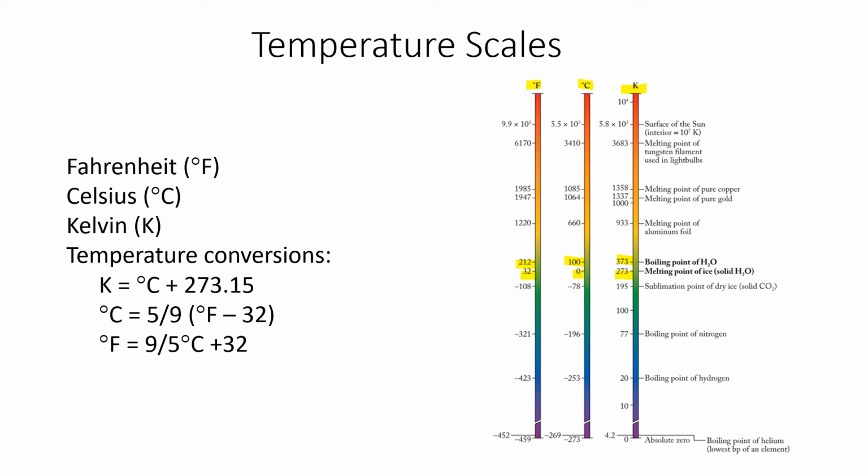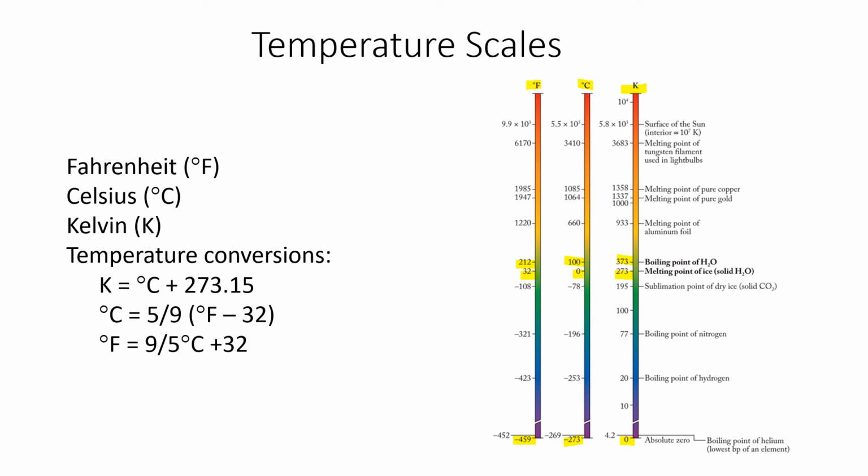The next thing we can look at is there's a theoretical lowest possible temperature. On Celsius, that's negative 273. Fahrenheit, it's minus 459. And Kelvin is 0. You can't get any colder than that. This shows the next thing that we can compare and contrast between these three different temperature scales. Kelvin is sometimes called the absolute temperature scale.